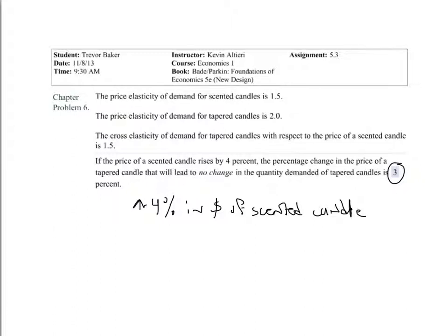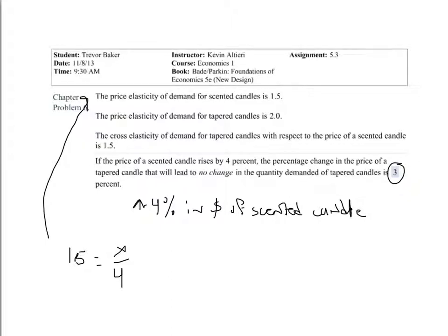Okay, and that will give us what? The new PED? Nope. So if we did that, what we're essentially doing is we're saying 1.5 equals x over 4. Right? Because that comes from the idea that the price elasticity of demand for scented candles is 1.5.